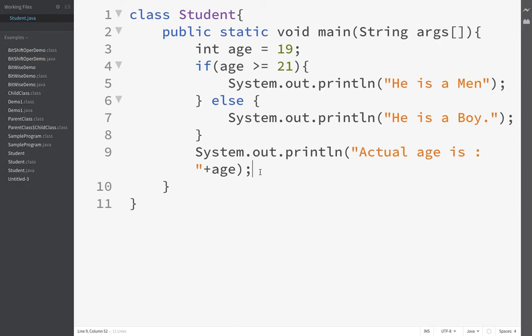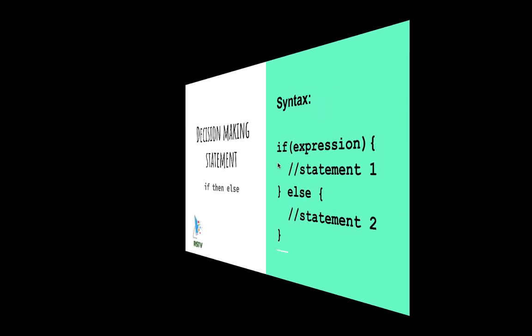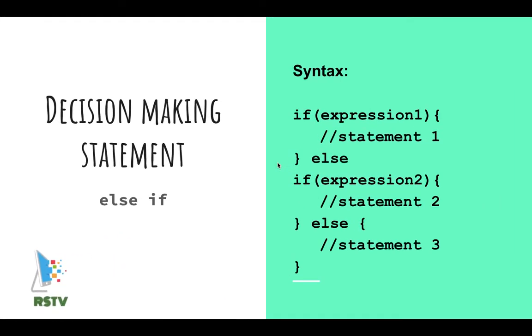Next we'll discuss the else if conditions. This is also a decision making statement. See the syntax. We check the if condition like this. If expression 1 is true, it will execute statement 1.